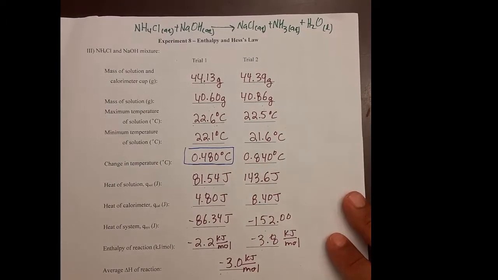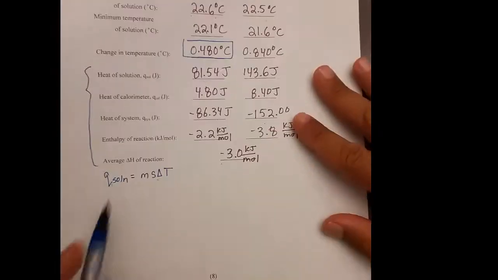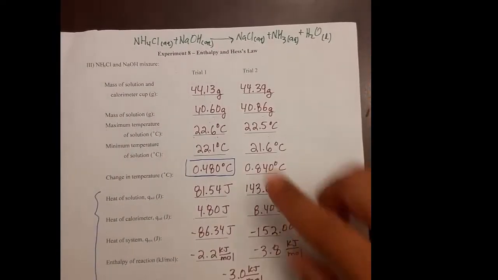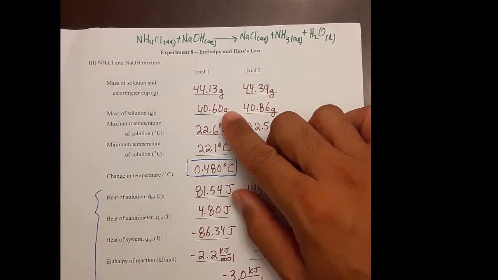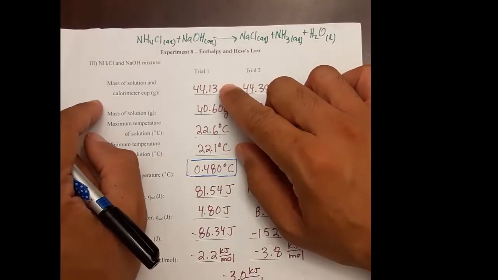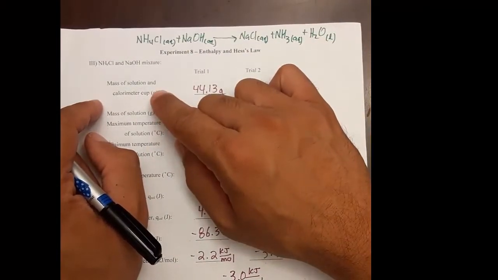From that, we're going to calculate all the different heats, lowercase q. To figure out the heat of the solution, we need the mass of the solution, which here is 40.60 grams. I got that by taking the mass of the solution plus the calorimeter apparatus and subtracting the mass of the calorimeter apparatus alone.